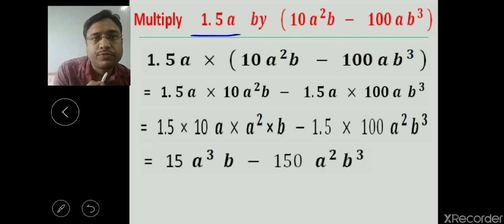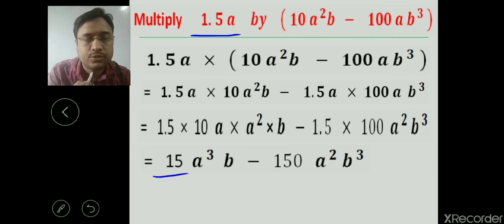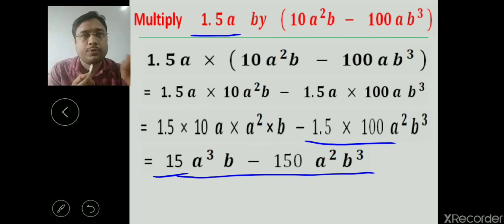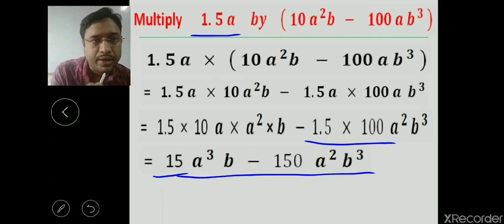So 1.5 into 10 is 15. Decimal multiplication, 1.5 into 100: the decimal point shifts 2 digits to the right, so it is 150. Now the final product is 15a cube b minus 150a square b cube.